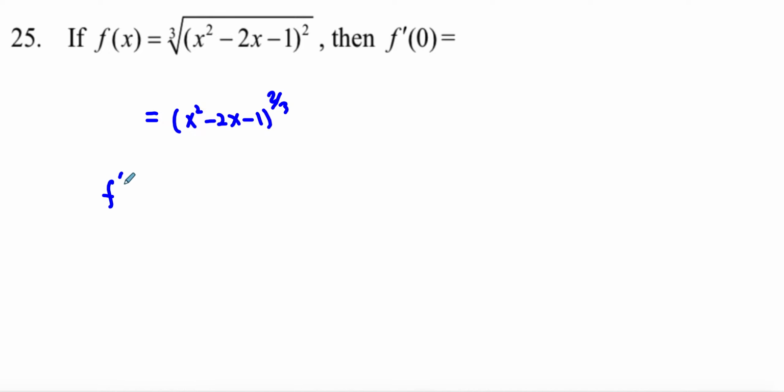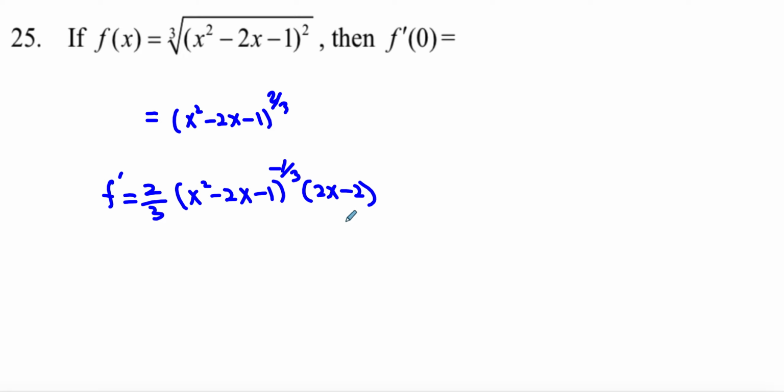So f prime then becomes 2/3 comes to the front. We get x squared minus 2x minus 1 to the negative 1/3, multiplied by 2x minus 2 by the chain rule.